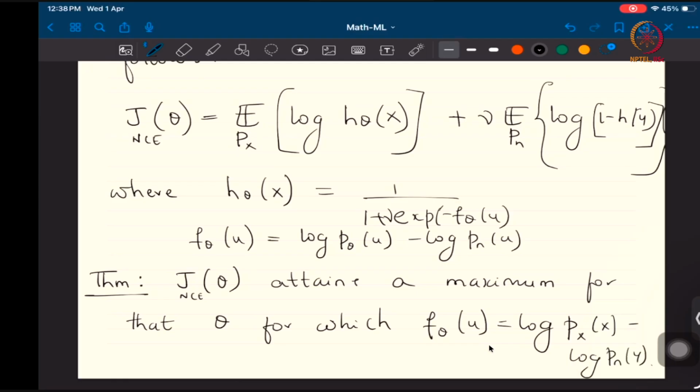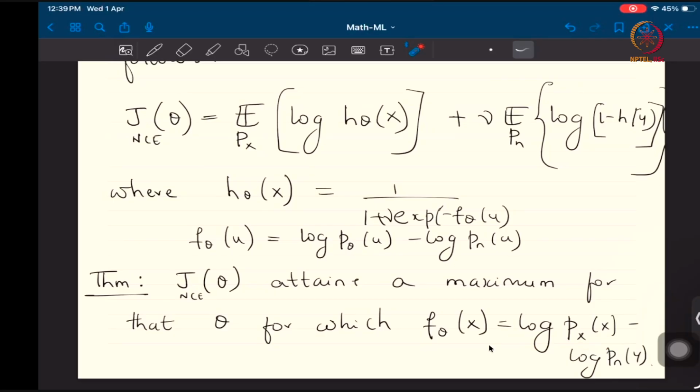This is the result, or we will call this f theta of x, right. So, what we are saying is that this objective function would be maximized only if this f theta becomes equal to log of Px minus this thing.